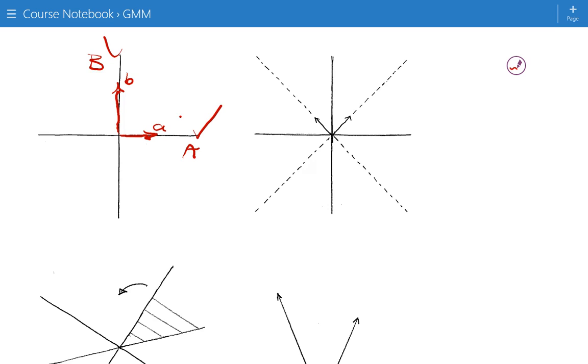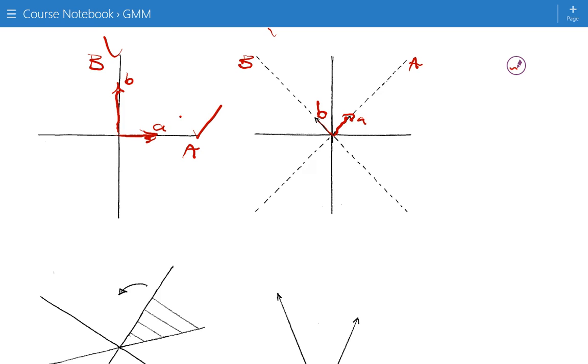Even if I were to have, let's look at the second graph over here, even if I were to have vectors that don't fall exactly on the axes like I did in the first, instead I've got a vector here, A, and a vector here, B, then A defines a one-dimensional space, B defines a one-dimensional space.